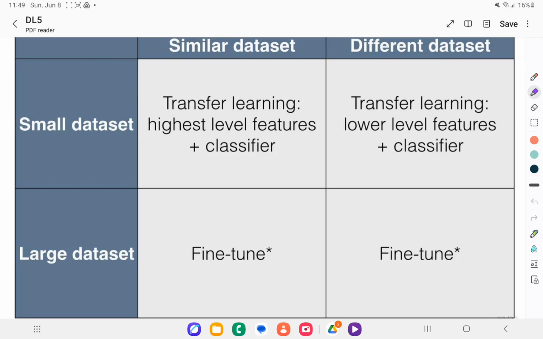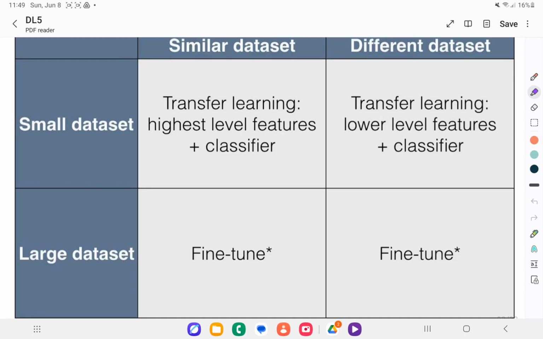So this table is like a map for you. You compare the source and destination task. If you have similar sets, then you compare the size. If the destination task is smaller, then you go for transfer learning.